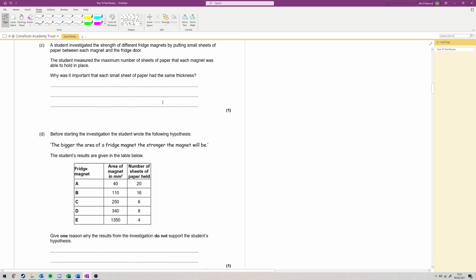Okay, a student investigated the strength of different fridge magnets by putting small sheets of paper between the magnet and the door. Why was it important that each small sheet of paper had the same thickness? Well, whenever you do a test, you can only change one thing. There can only be one independent variable.